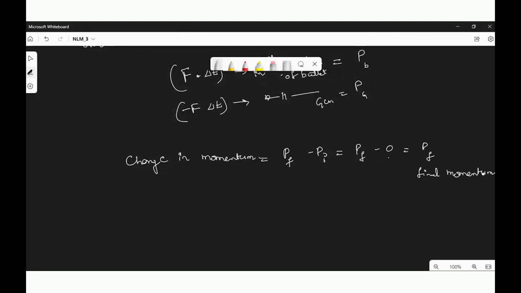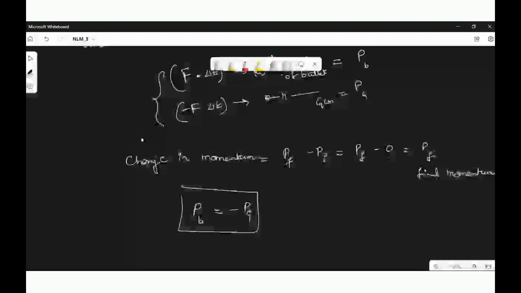So this is one fact. And now we can say my final momentum, that is PB, must be equal to minus PG. Can I say that, from looking at these two equations? One is F into delta t, one is minus F into delta t.